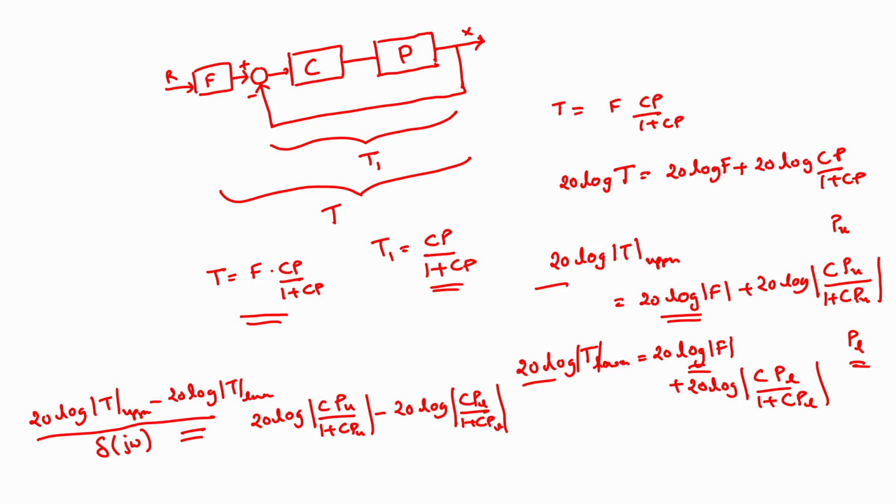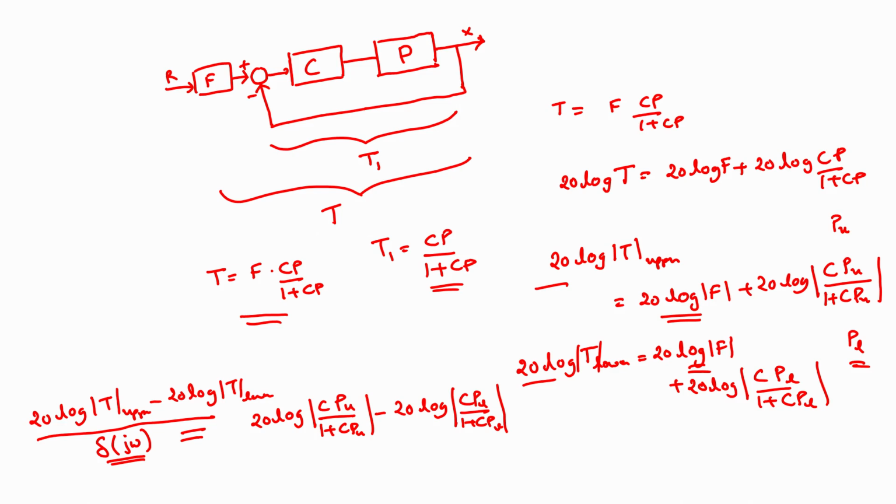Now this equation tells us all that we need to know in order to determine which controller to use for what purpose. We see that the pre-filter f is not represented at all in this equation, and what that essentially tells us is that no matter what we do to the pre-filter, we cannot use it to control the spread delta of j omega of our transmission function when the plant's parameters change.